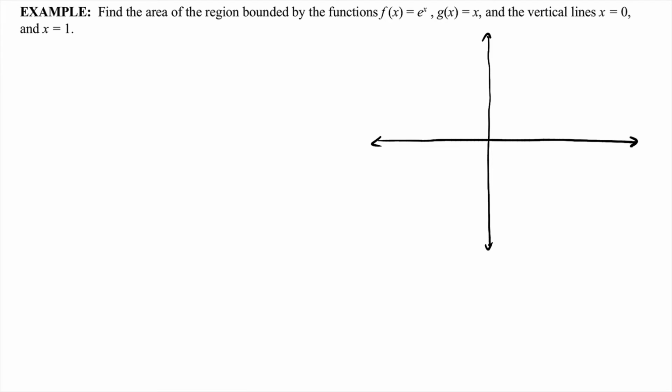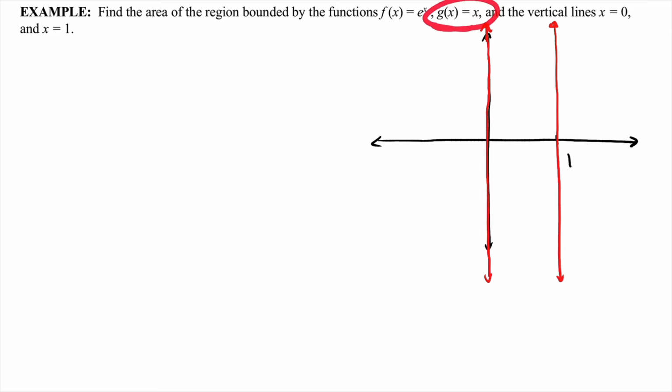I'm going to start with the vertical lines, because those look like they might be the bounds. So there's x equals 0, and x equals 1. I'm going to draw the line next because that's the easiest one to draw.